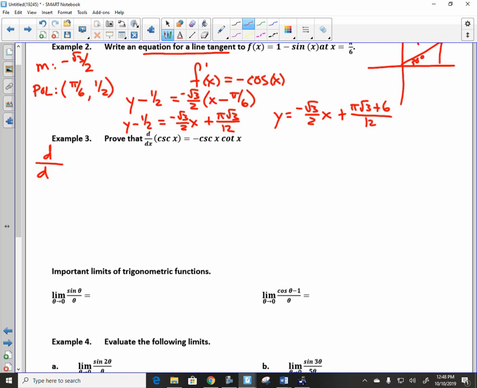The derivative of cosecant of x is the same thing as the derivative of 1 over sine of x. Everybody okay with that step? I will use the quotient rule.